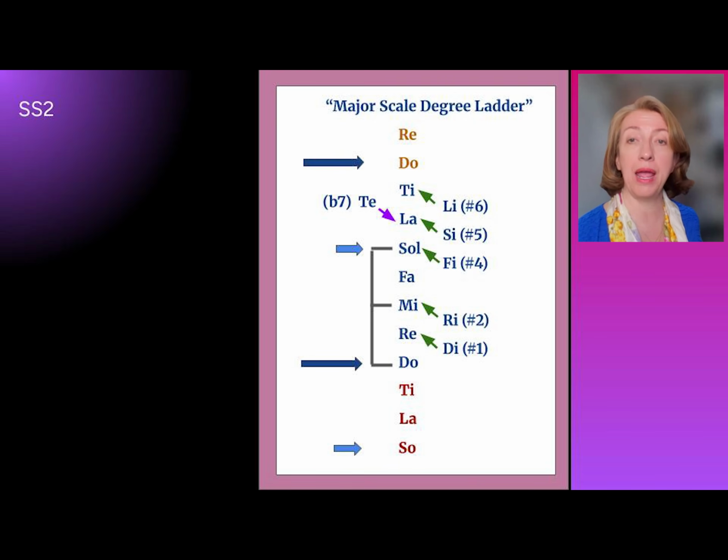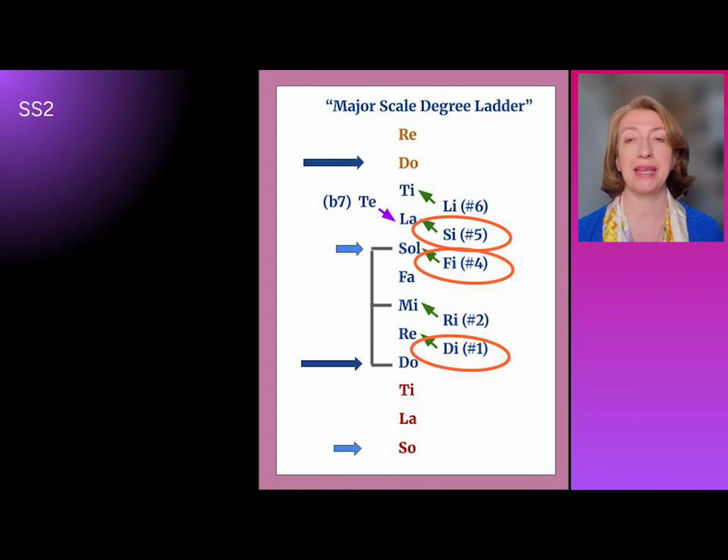Do, di, re, ri, mi, fa, fi, so, si, la, li, ti, do, or do, te, la. On the sight singing 2 questions, you are most likely to encounter raised scale degrees 1, 4, or 5. So that would be do, di, re, or fa, fi, so, or so, si, la.